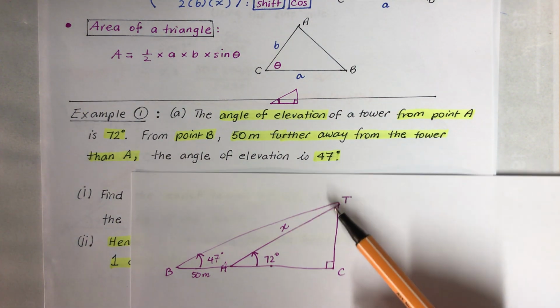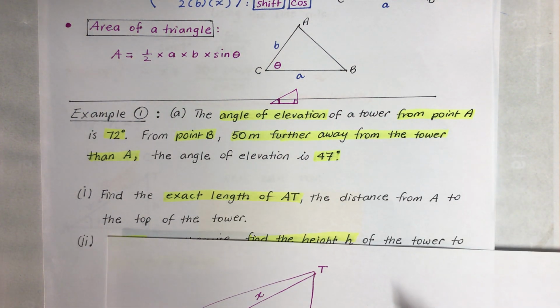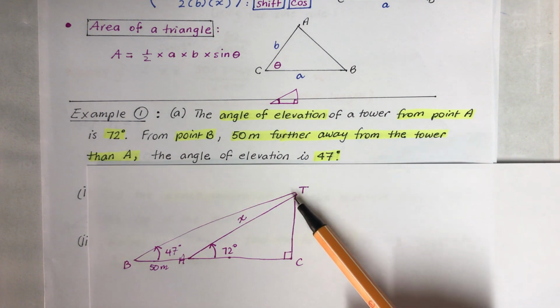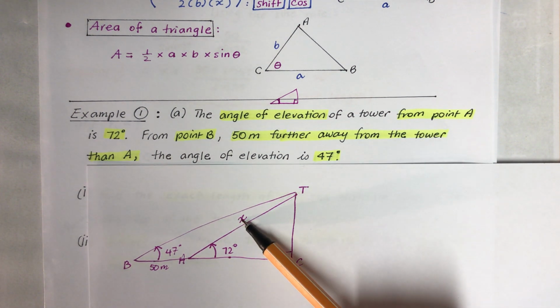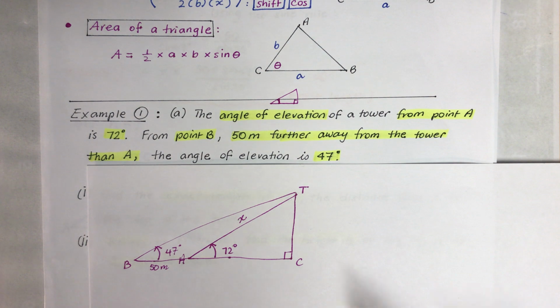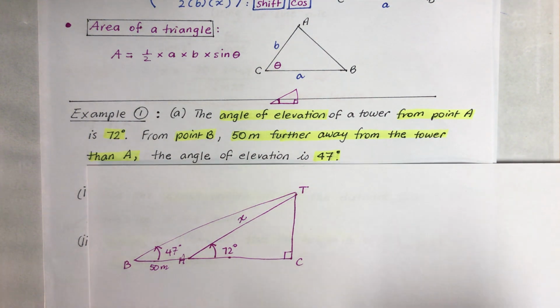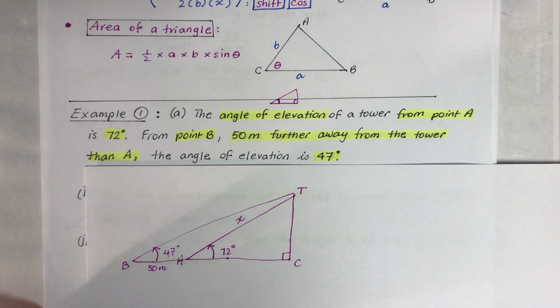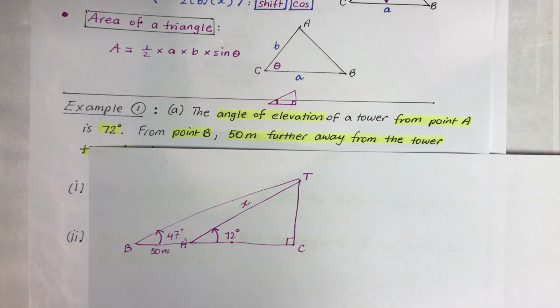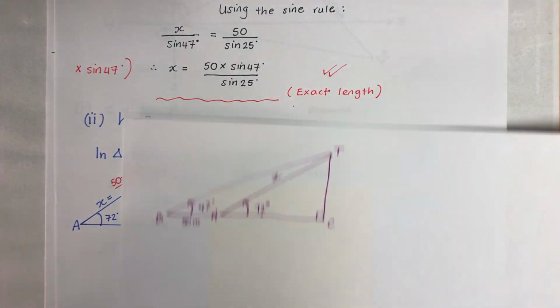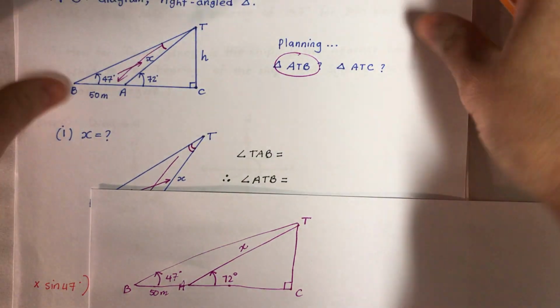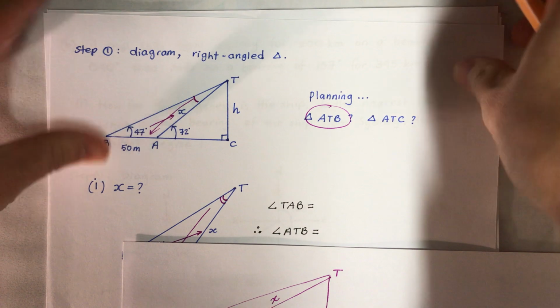Part A was to find the exact length of AT, so I'm just making AT as x, and now I label the AB and then T and C, because naming it will be easier. So here is my diagram, the neater, prettier version of it.